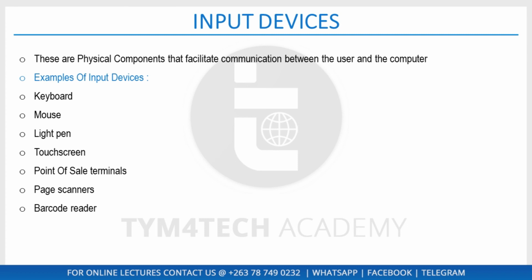The difference is that we use these input devices to send data to the computer, where examples include the touch screen, point of sale terminals, page scanners, the barcode readers, and the list goes on. I am happy to tell you that in this series of computer lectures, we're going to touch from A to Z, listing everything there is to know about computer science.